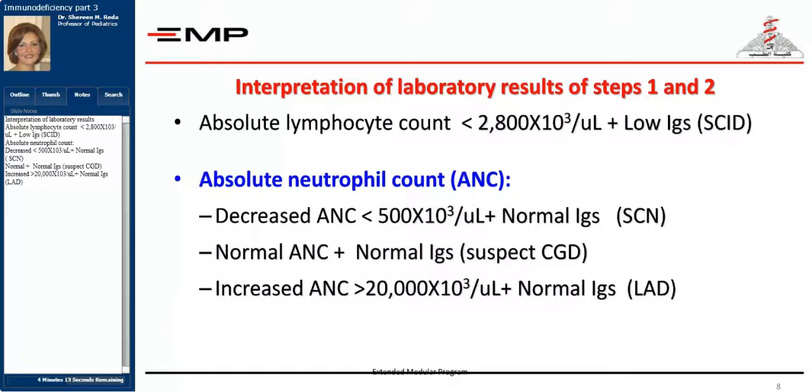If the absolute neutrophil count is decreased, less than 500 per cubic millimeter, with normal immunoglobulins, then this is highly suspected to be severe congenital neutropenia. If you have normal absolute neutrophil count and normal immunoglobulin levels, then you suspect chronic granulomatous disease. If you have increased absolute neutrophil count, more than 20,000 per cubic millimeter, with normal immunoglobulin levels, then this is a case of leukocyte adhesion defect.